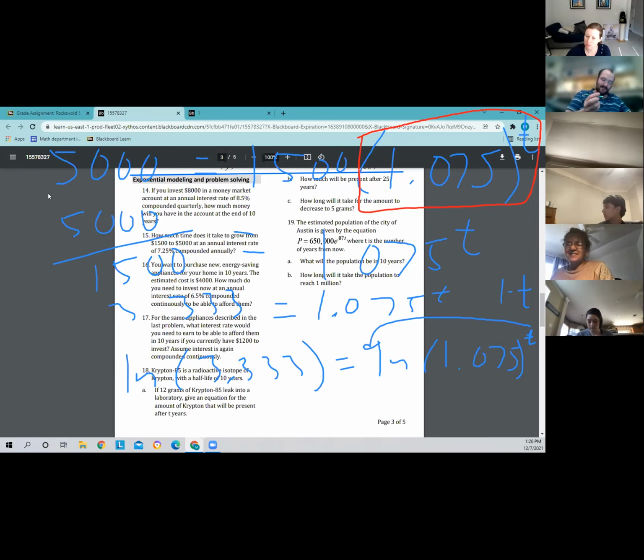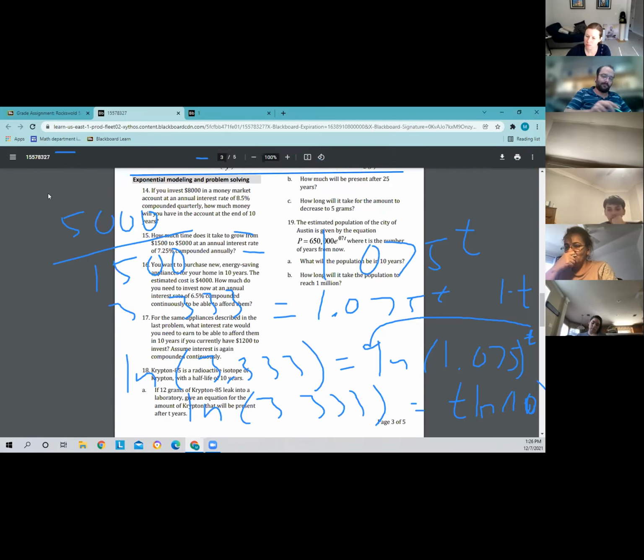This is the way a lot of people do it. I'm a weirdo, probably, but this is t ln of 1.075. I don't have room here anymore. And so if we want to solve for t, what do we have to do?